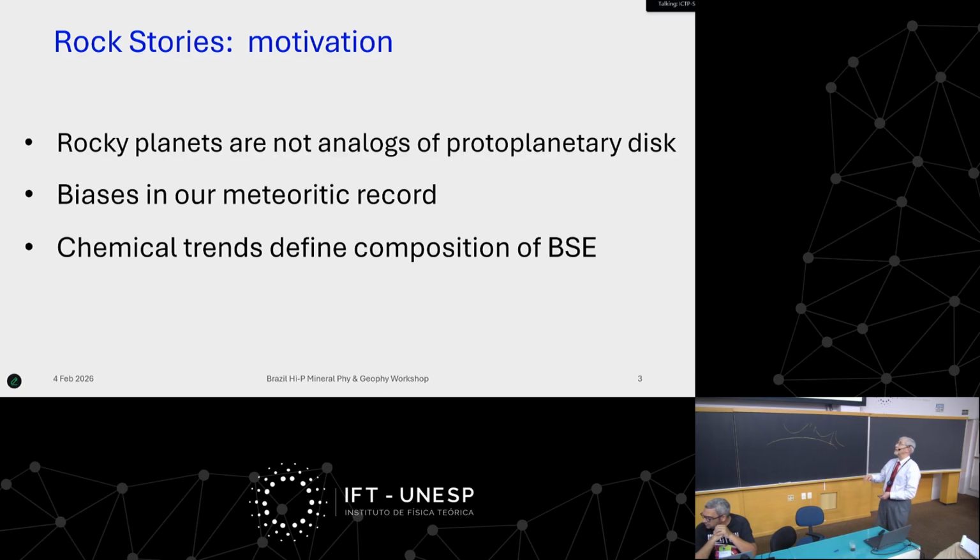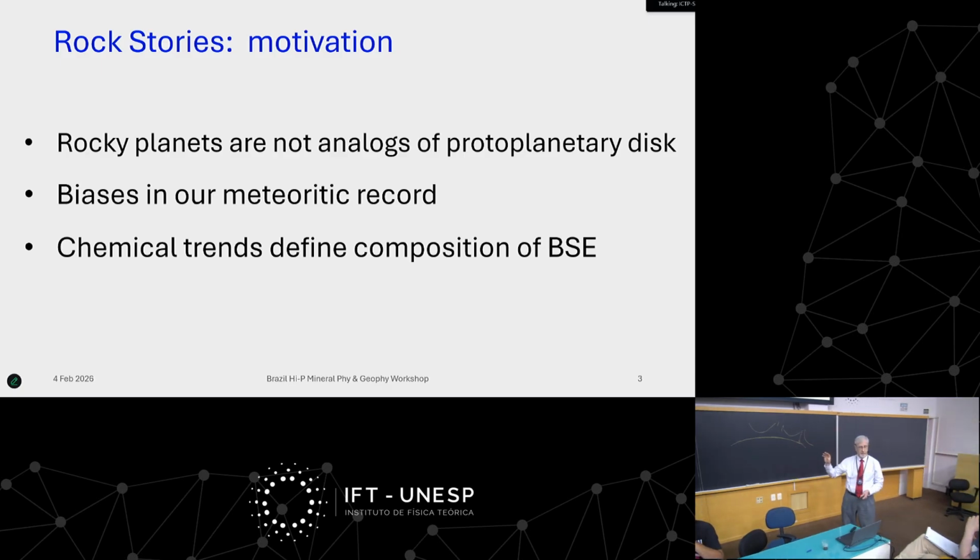This will actually talk about the rocky planets, and I particularly want to point out that in the beginning of the building of the solar system, we talk about a protoplanetary disk, and I want to emphasize through this talk that the nature of the disk is what ends up being the sun, and that the rocky planets are not the analogs of the protoplanetary disk. We have to derive their compositions independently. That's a very important feature.